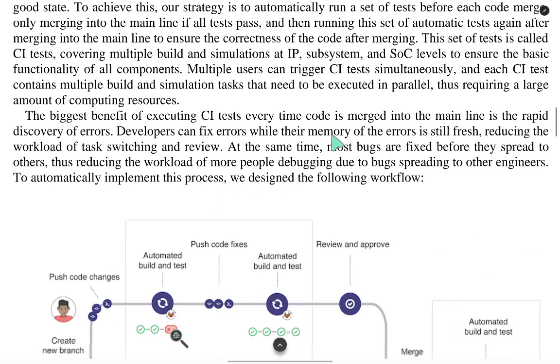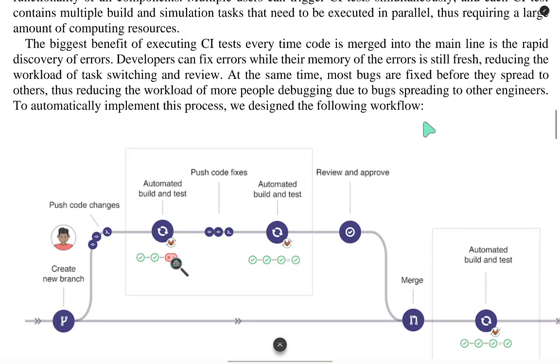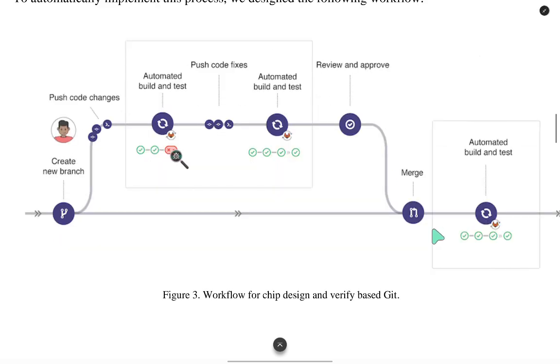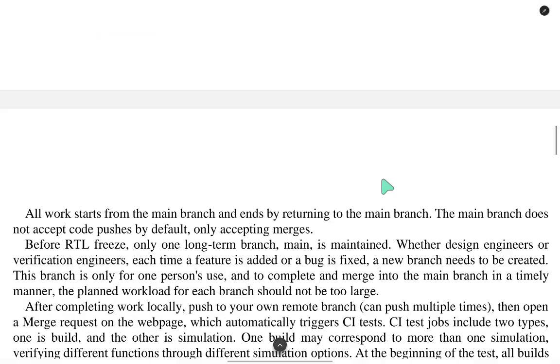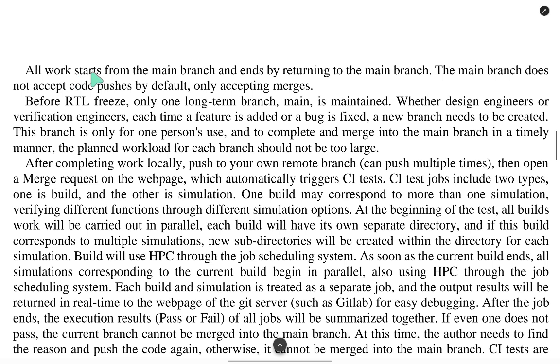To automatically implement the process, we designed the following workflow. Figure 3. Workflow for design and verification based on Git. So all work starts from the main branch, which does not accept code pushes by default, only accepting merges.